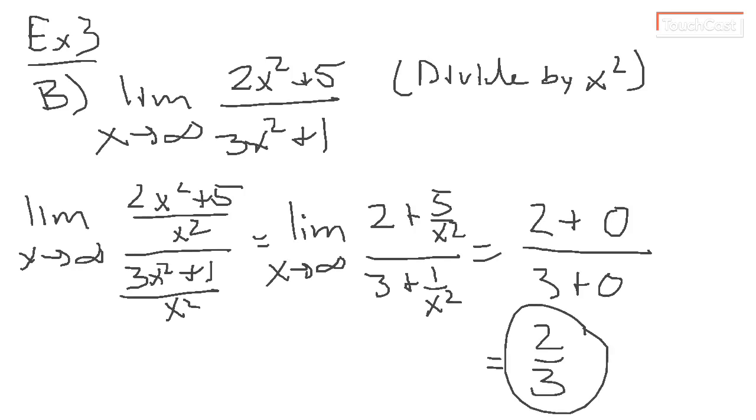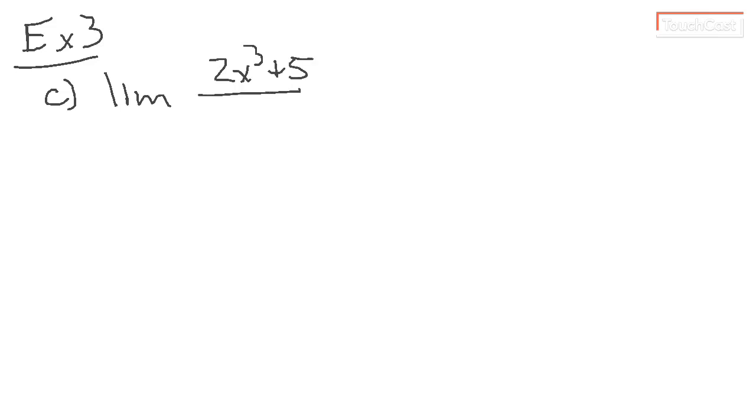I've got one more, and then I'm going to give you some guidelines that kind of follow these 3 cases. So this is 3c. We're going to find the limit of 2x cubed plus 5 over 3x squared plus 1 as x goes to infinity.